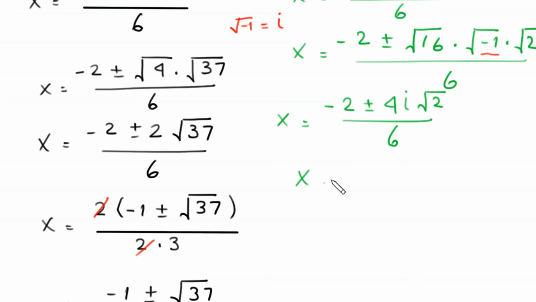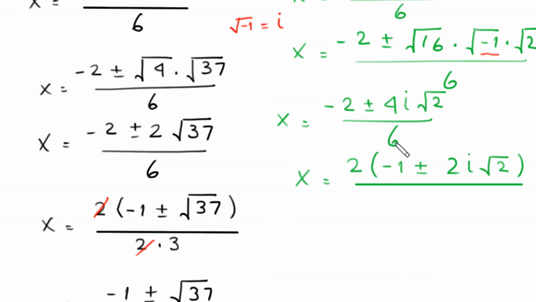Next, from the numerator we can factor out 2, in bracket negative 1 plus or minus 2i times root 2, divided by 6, which can be written as 2 times 3.